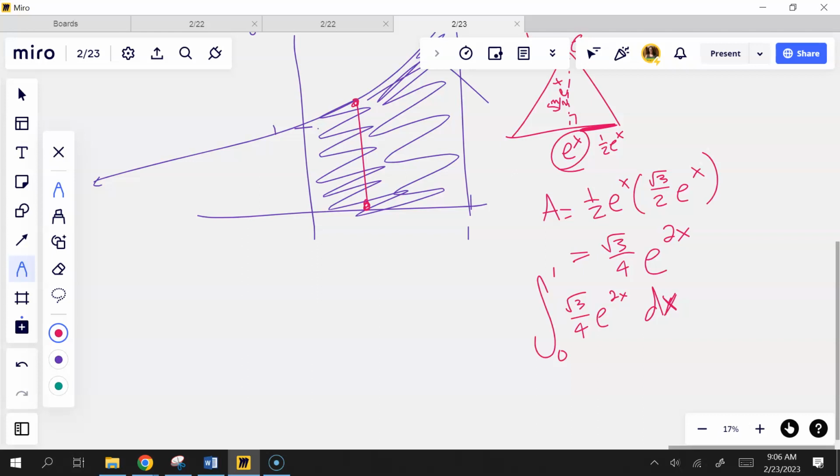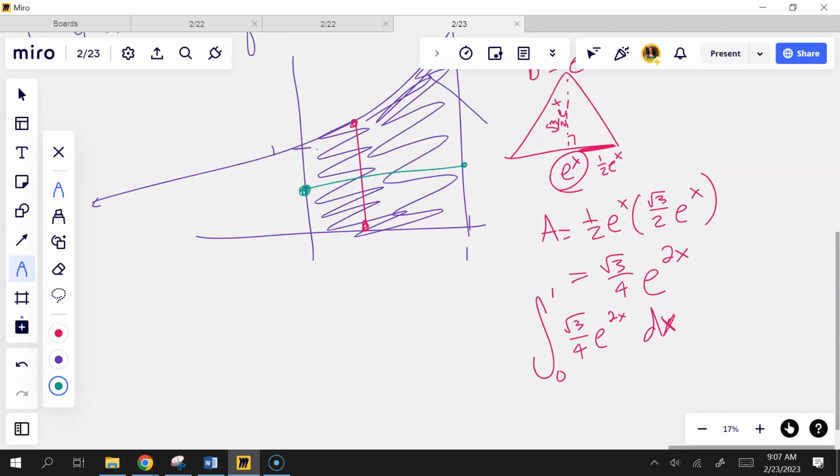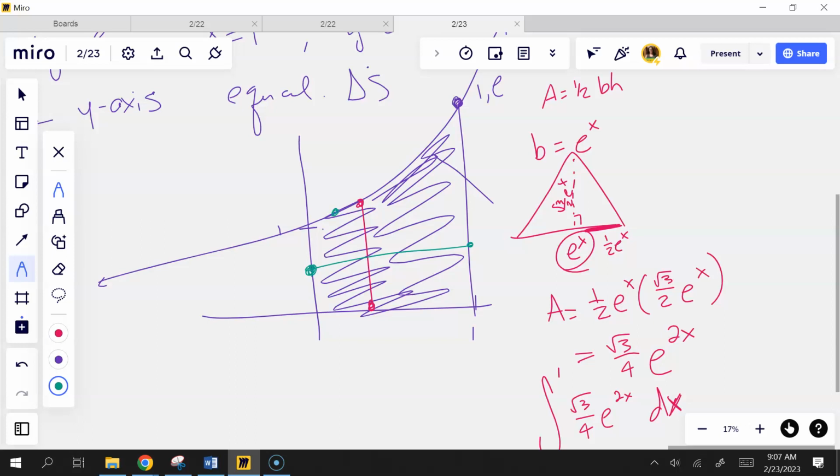Okay. Now if I go the other way, this is where it gets hard, right? So this equation, and whenever I did it, I didn't split it into two.